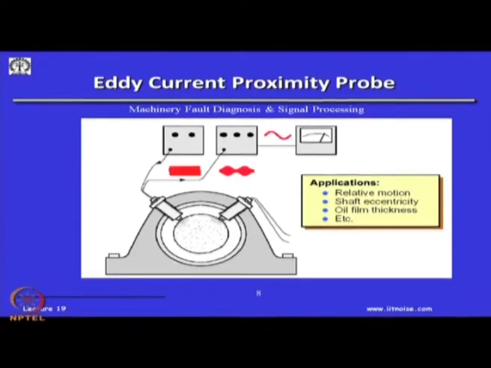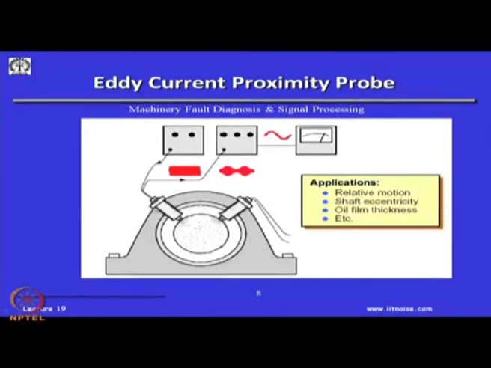Now, before I continue more on the accelerometers, I just want to mention a couple of other important probes which you also use, essentially an eddy current proximity probe, which is a non-contacting probe.